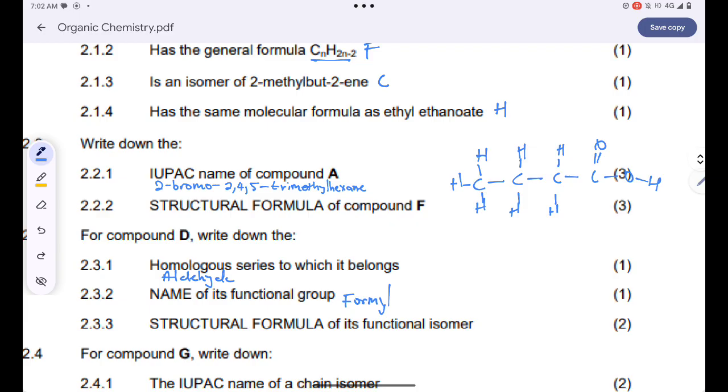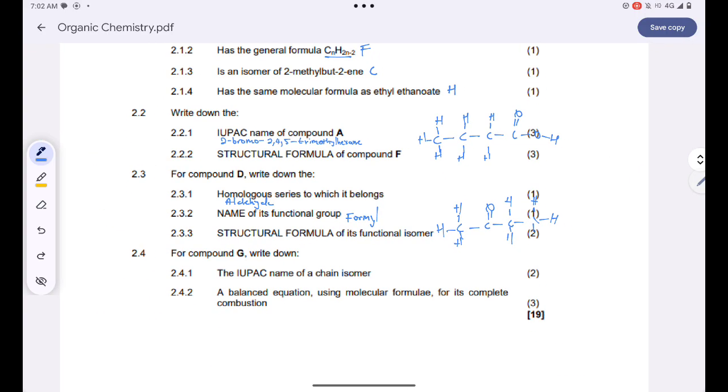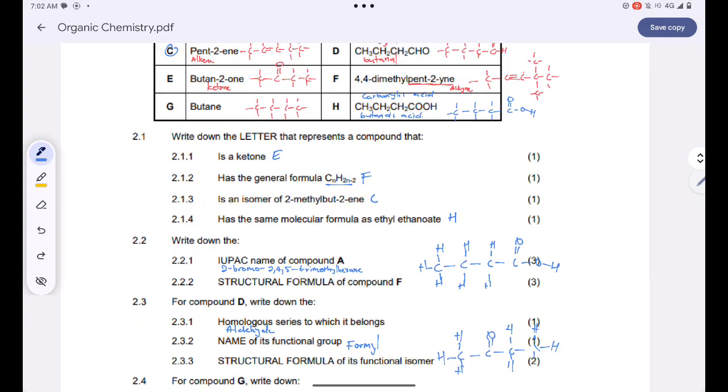So to answer this question, you must just write the structural formula of a ketone that has 4 carbons. So you simply have butan-2-one. This is the structural formula, guys. Just butan-2-one.